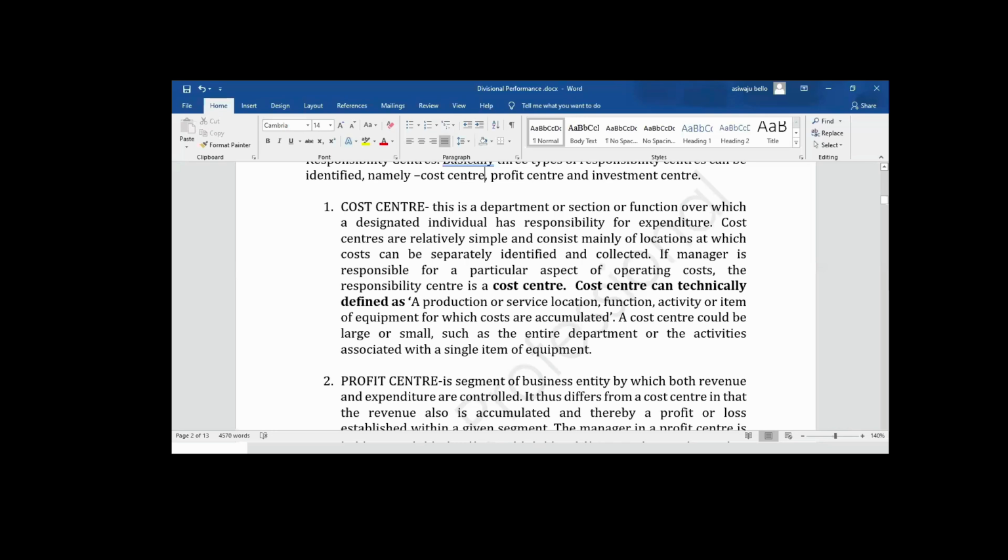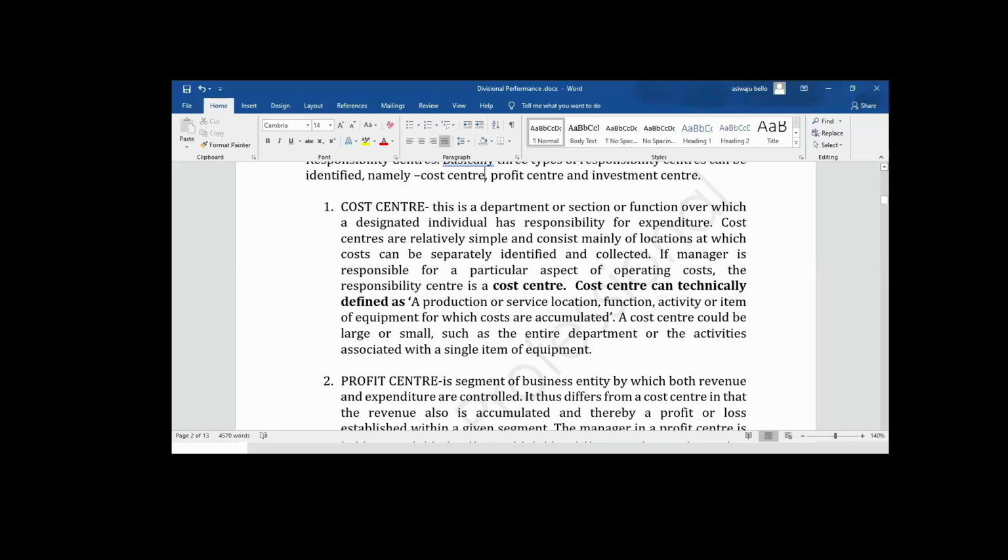When you say a cost center, it is only allowed to incur cost. This department is not allowed to generate revenue. It's a department for accumulation of cost. Please note that.